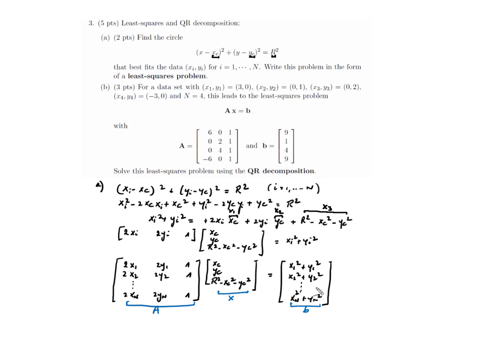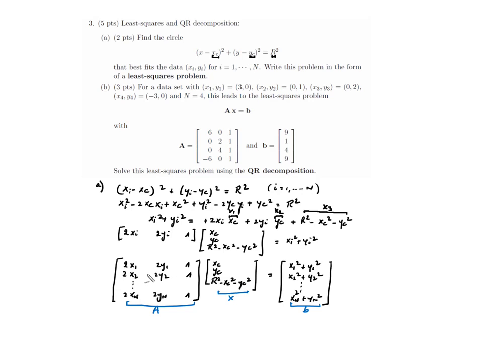And we have here a least squares problem where A has 3 columns because there are 3 unknowns, and there are n rows because we have, well, to fit the n points here to the circle.